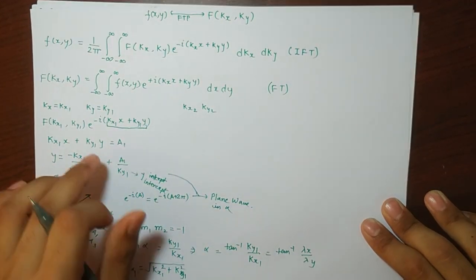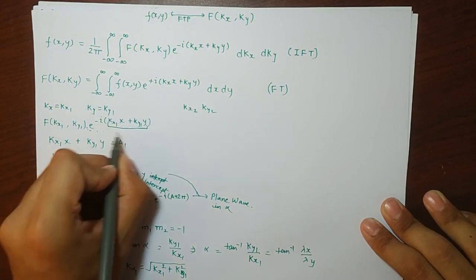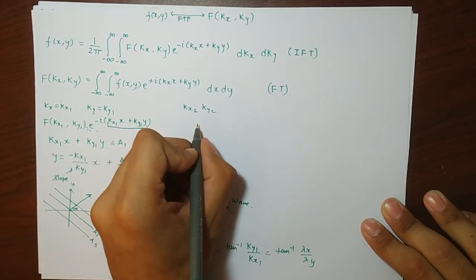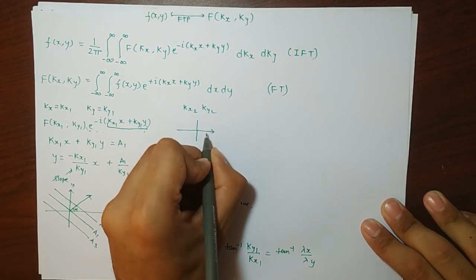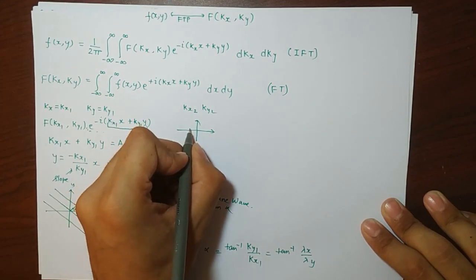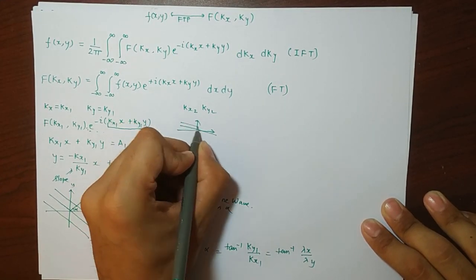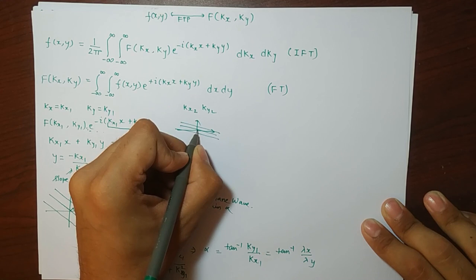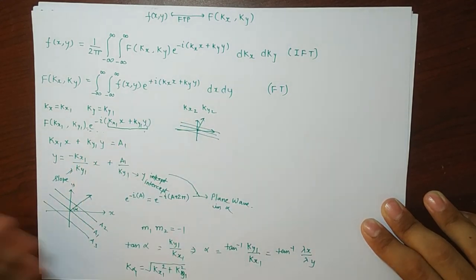So you will again get, from this particular function, a plane wave, but maybe in some other direction. Let's say now in this direction. So this wave is moving in this direction.